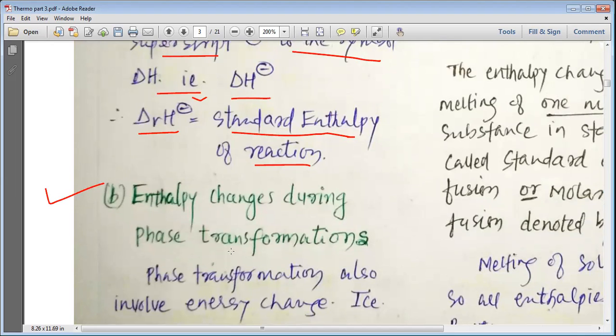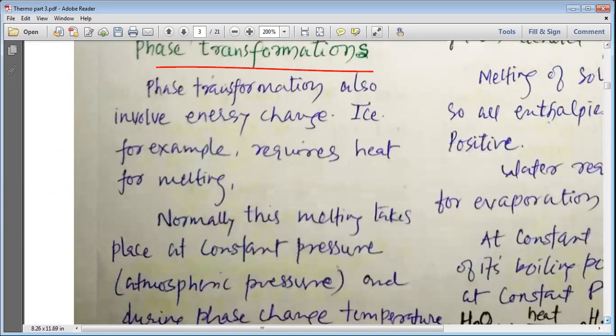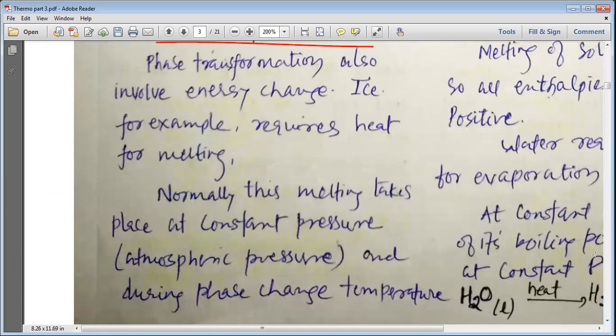Now we want to study the next term, that is the enthalpy change during phase transformation. We know, my dear students, that solid turns into liquid and liquid turns into gas and solid sometimes sublimates. These are known as phase transformations, and here we want to study phase transformation in our class.